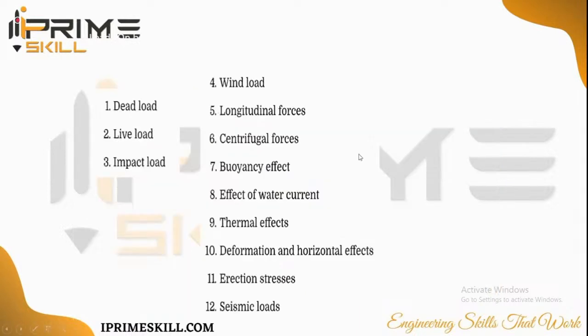Okay, now we talk about the loads, the different types of loads available for bridges. So we have the normal dead load, live load, then there is an impact load, then we have the wind load, horizontal forces, longitudinal forces, centrifugal forces, buoyancy effect, effect of water current, thermal effects, then deformation and horizontal effects, and seismic loads.